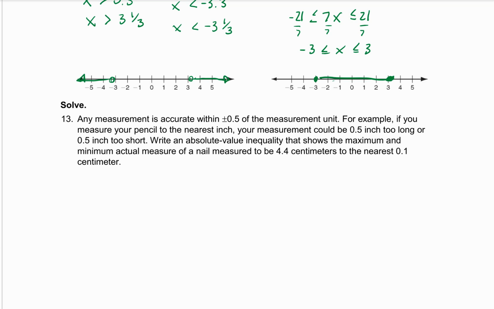So the way we set these up is you're going to have your absolute value of your target value. Your target's going to be here. If I measure my pencil to be 4.4, my absolute value has to be less than or equal to x minus the variability.